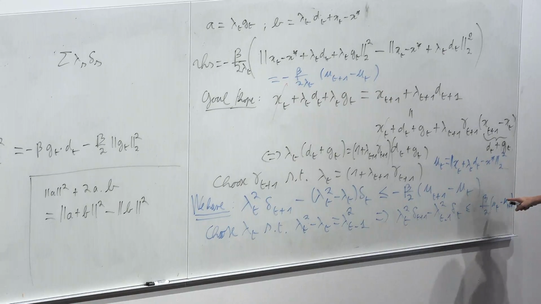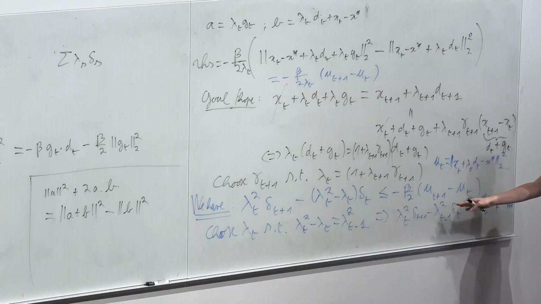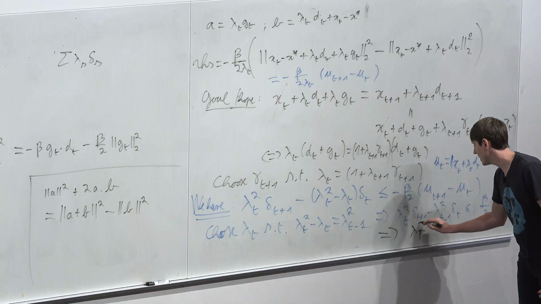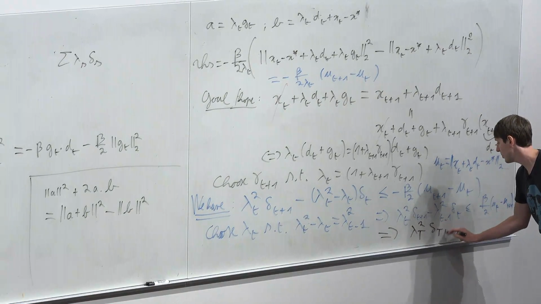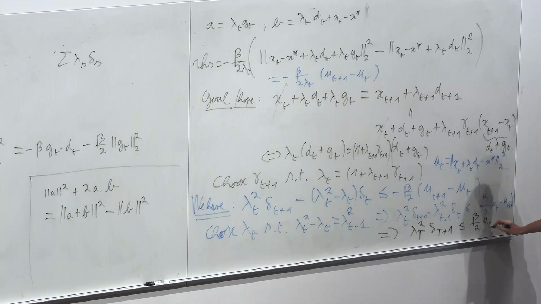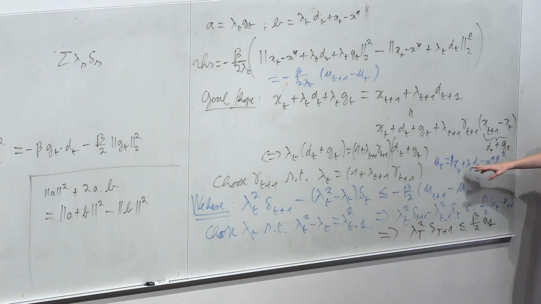But basically, if you define lambda 0 to be 0, this will immediately imply lambda t squared times delta t plus 1 is smaller than beta over 2 u1. U1 is just our distance to the optimum at the beginning, squared.